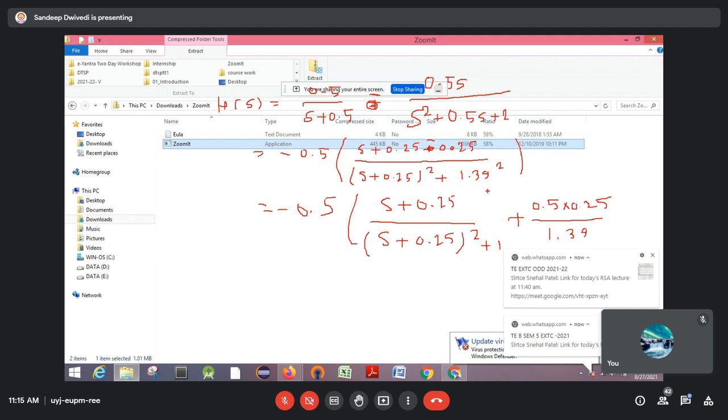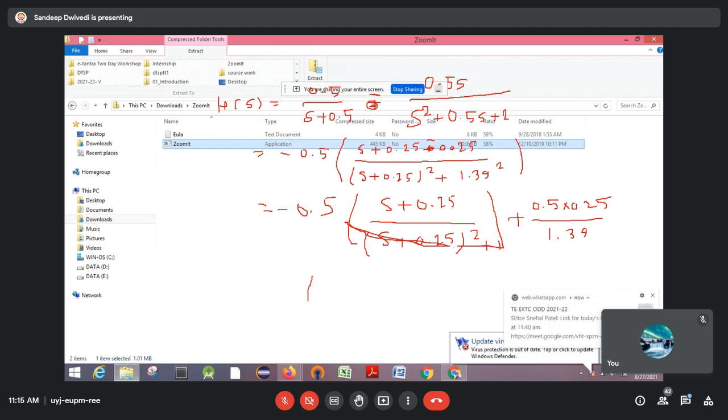Okay, you can make this as one bracket. Okay, 0.5, 0.5, oh sorry, 0.5 I have taken for both the brackets, please ignore this. Okay, so this is 0.5, 0.25, 1.39. Okay, and in the bracket you need to write 1.39, meaning it is b, now it is b, 1.39.